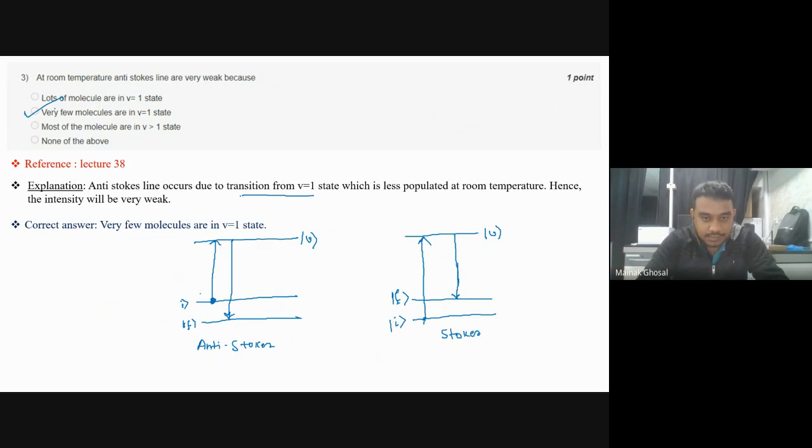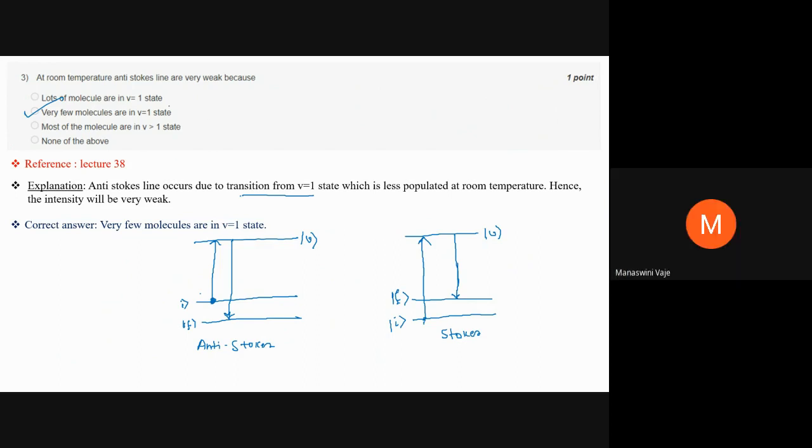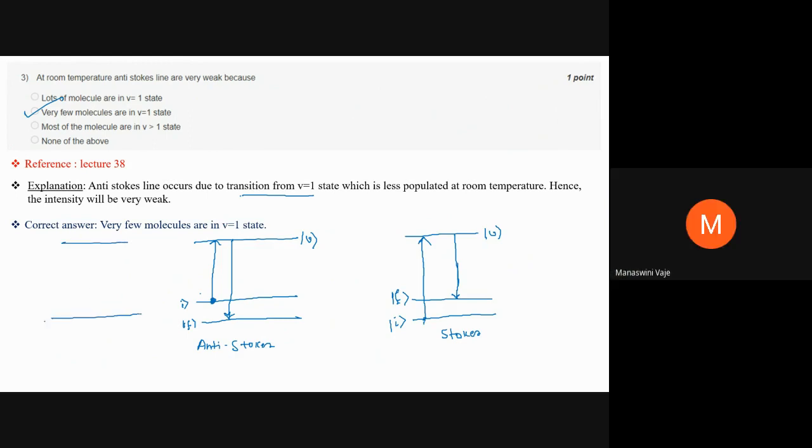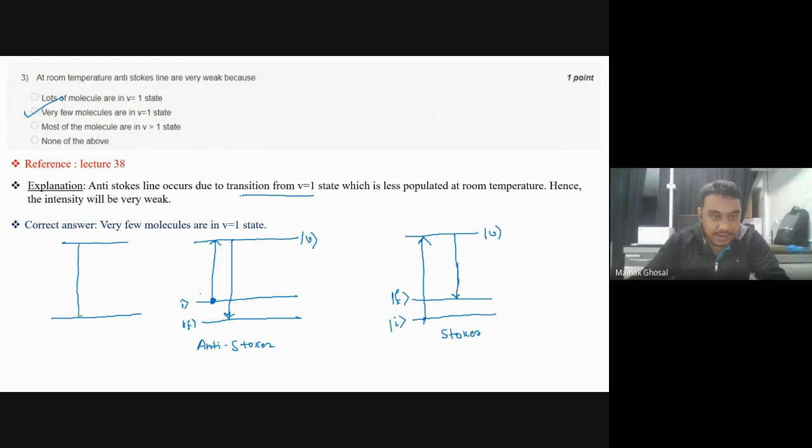Okay. So you have seen this diagram for Stokes and anti-Stokes, and another line was there, right? What was this called? Another line was there other than the Stokes and anti-Stokes. Rayleigh. Yes, this is called the Rayleigh line.